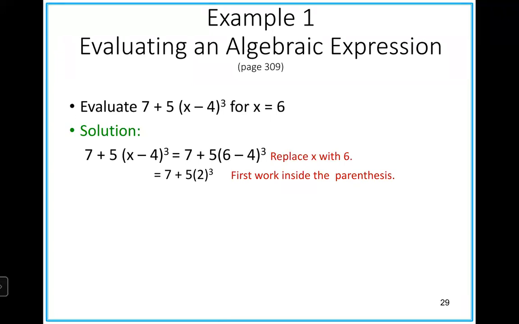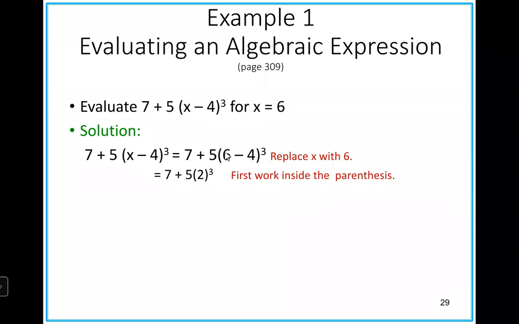Now, the next step is to deal with the brackets. The brackets had 6 minus 4. 6 minus 4 is 2. So you put the 2 right here in place of the 6 minus 4. So you're going to write it over as 7 plus 5 times 2 to the third power.